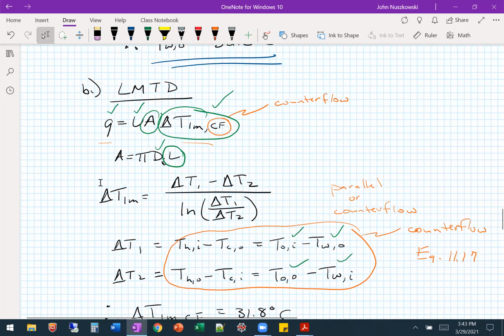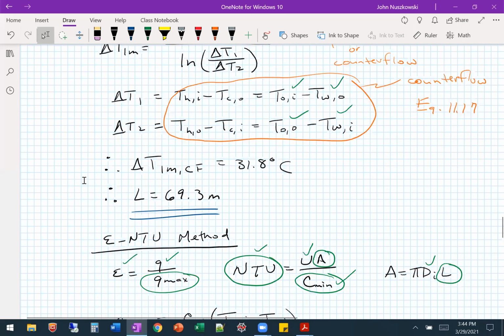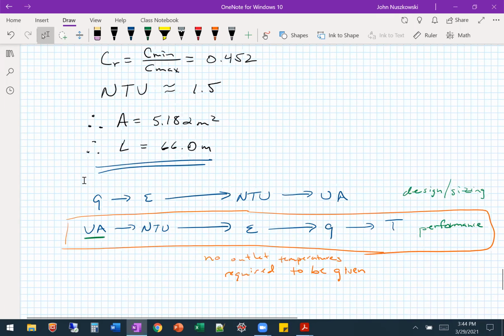The effectiveness-NTU method and the log mean temperature difference, those sets of equations you would have to iterate through to do a performance problem, whereas the effectiveness-NTU method works for either performance or design sizing problems.